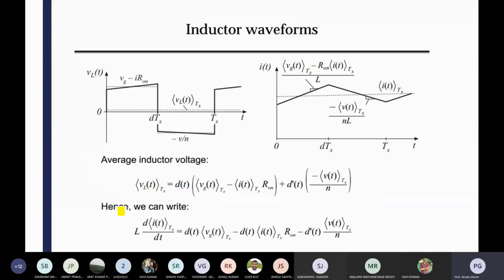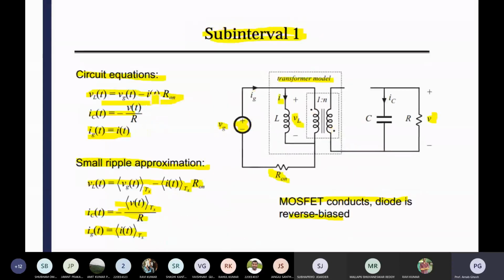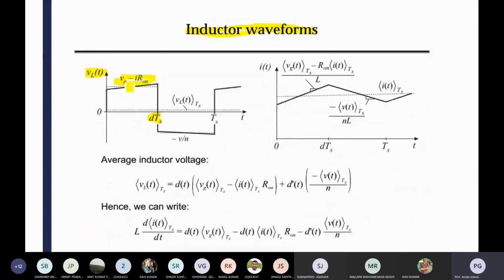Then we can go for the averaged one. Here we can draw the inductor waveform, simple thing. For DTS, the on period, your inductor voltage is VG minus iT into R1. That is the slope. In normal cases it is a ramp up. Then it suddenly drops to that value and ramps in a negative slope.